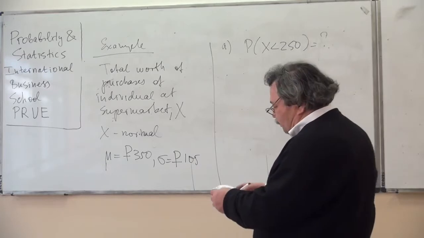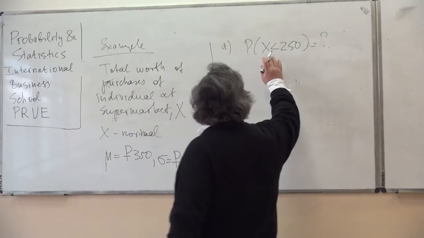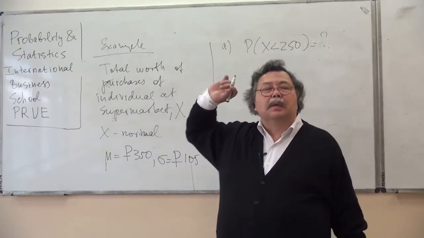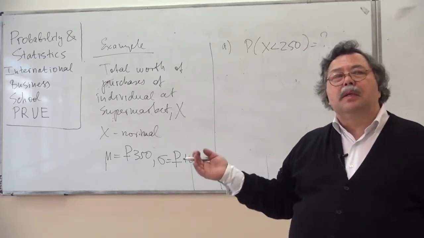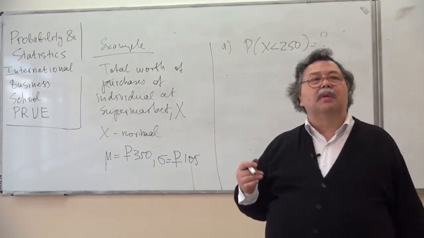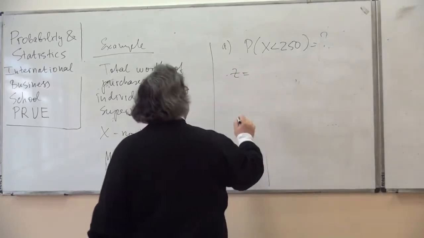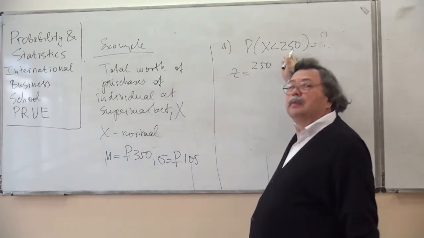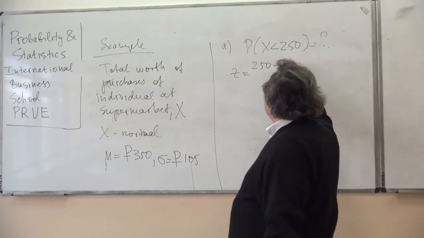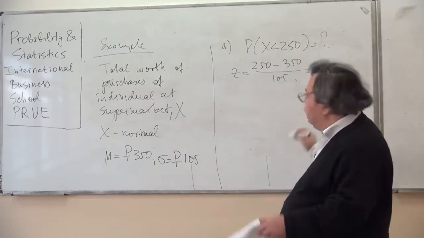All right. Now this is how it's worked. Rather than trying to work in terms of x, we work in terms of z. So we convert this problem into a problem about z, which is the standard normal. And z is 250, which is the given value of x, minus mu, which is 350, and we divide it by 105, and the answer here is negative.